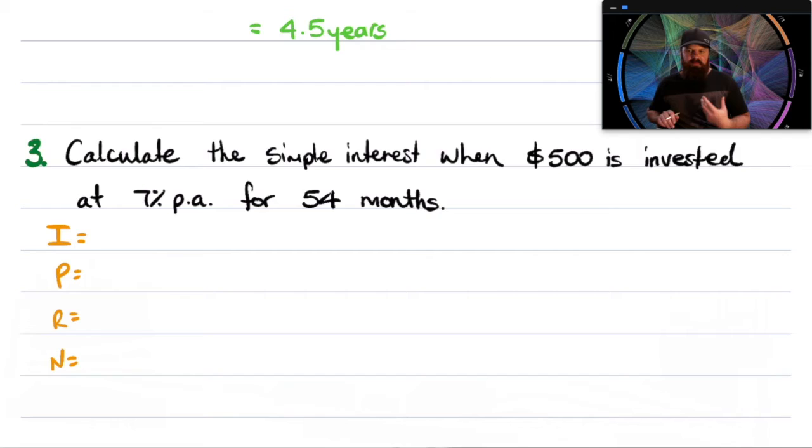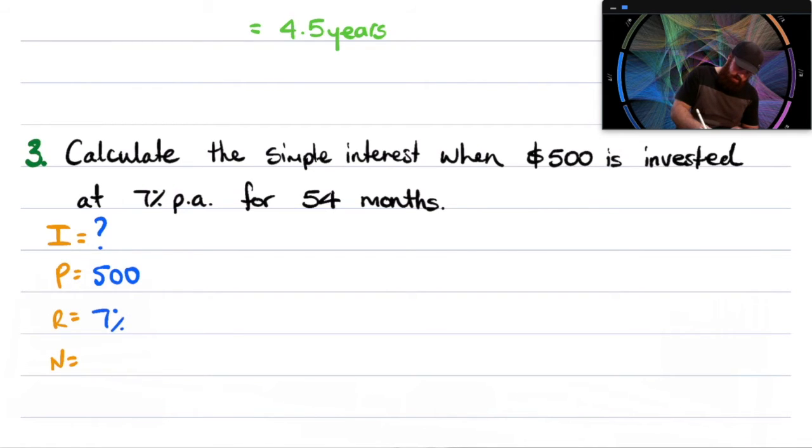The question told us nothing about interest, so we've got to find the interest. The principal, how much did we invest? Well, we invested $500. At what interest rate did we invest it at? Well, it's 7% per annum, right? Per annum meaning per year, which is just going to be 7 over 100 because fractions are my friends.